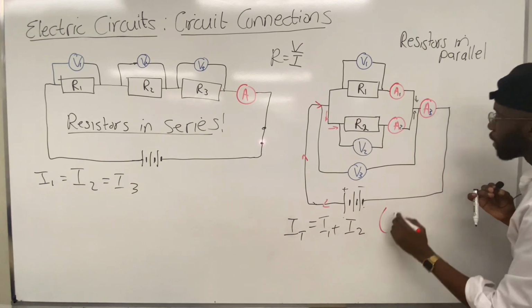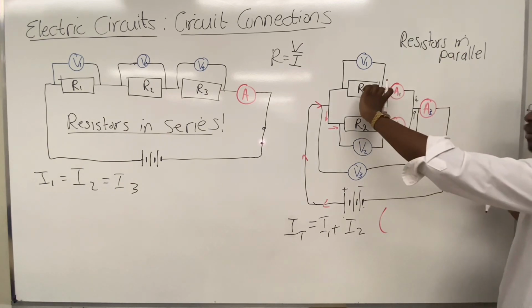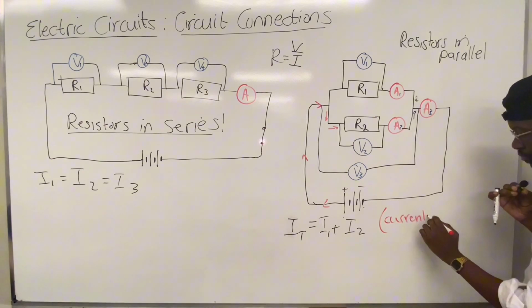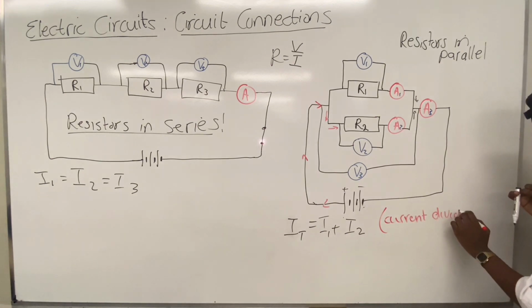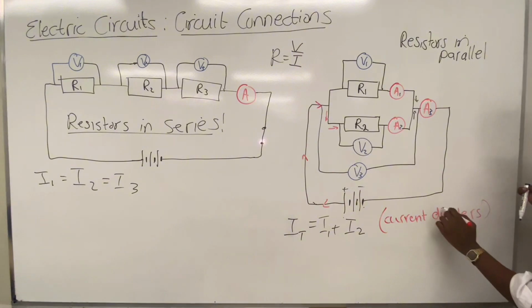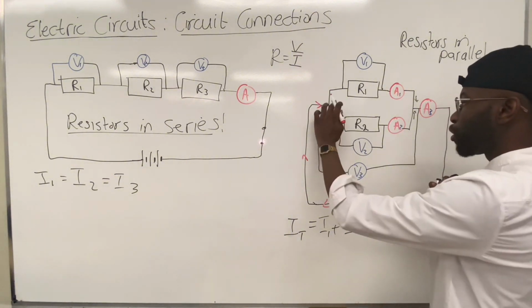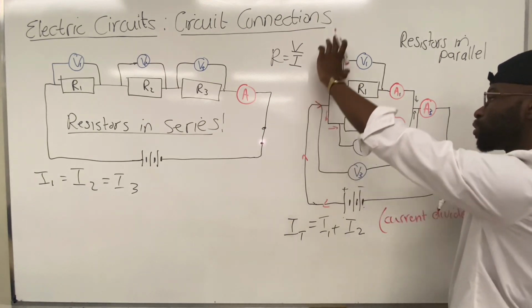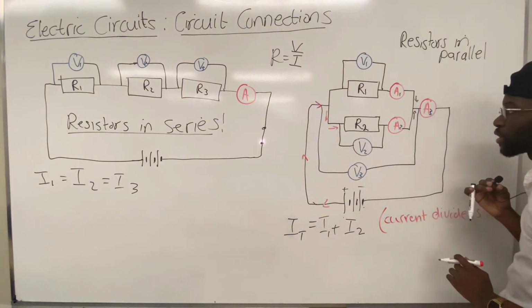So we say that parallel connections are current dividers, because when it reaches this point, it will divide the current into two. Maybe if you have a third connection, it will divide the current into three.